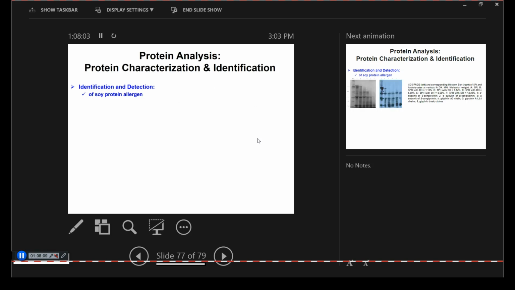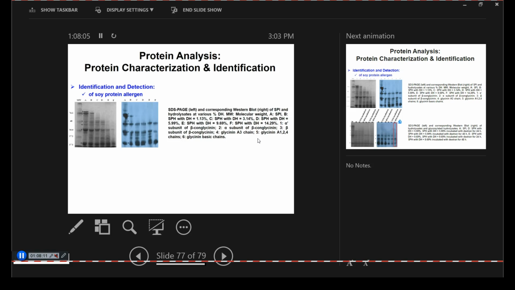So here's an example application where we looked at modifying soy protein to reduce its allergenicity by hydrolysis and then by glycation. So we subjected the protein to different levels of hydrolysis, and we transferred it into a membrane, and we did the immunoassay by incubating it with the antibodies. And we found that as the degree of hydrolysis increases, obviously we have less immunoreactivity.